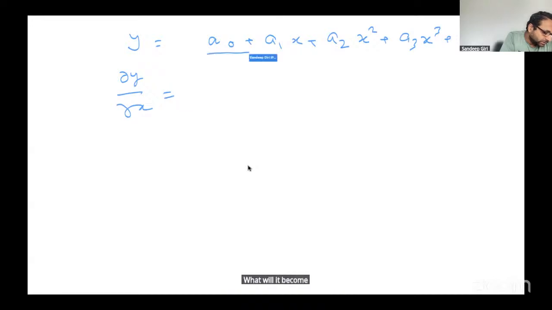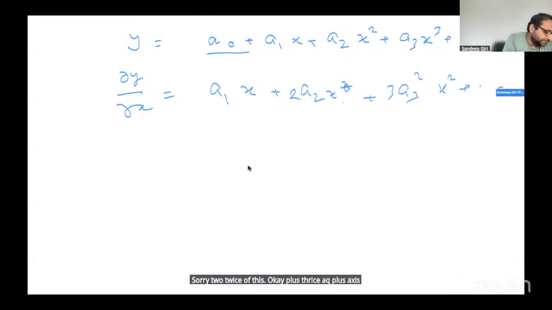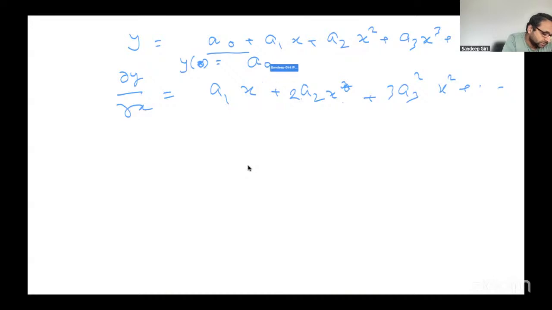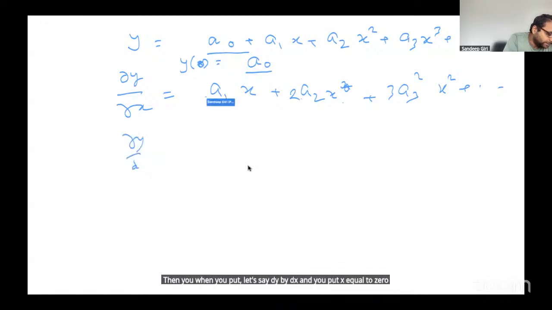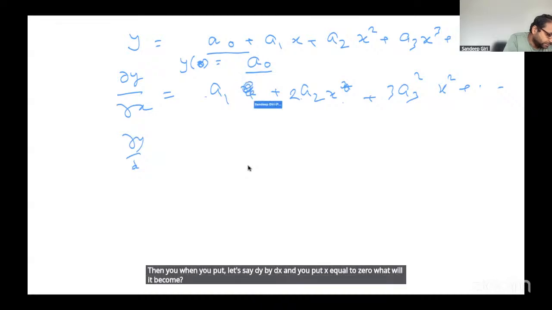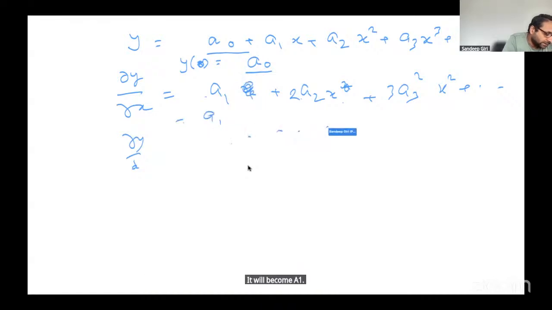This will become 0, it'll become a1 plus 2 a2 x plus 3 a3 x square, right? At the same time, if you say y of 0, what will it become? It becomes a0. Then when you take dy by dx and put x equal to 0, it will become a1, and so on.